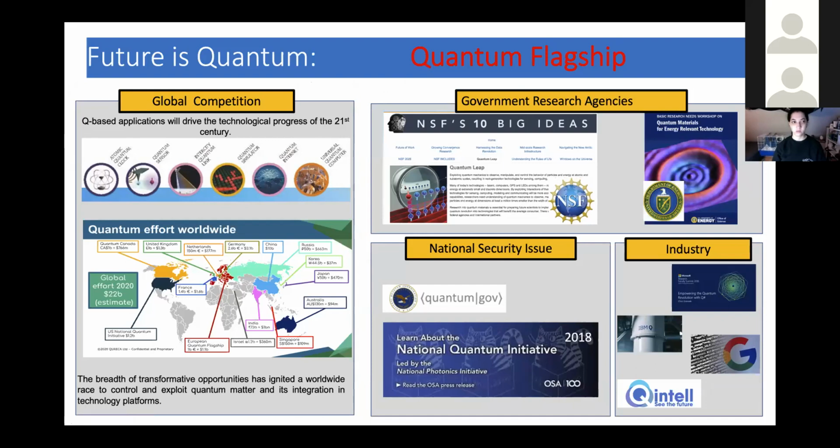So if you read the news, you just Google quantum stuff and you will see that our future does look quantum. This is based on the fact that quantum-based applications will drive technological progress of the 21st century, the same way as silicon-based technology drove the development during the last century and keeps doing that, right?